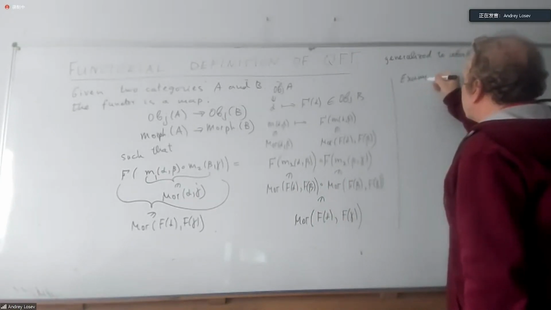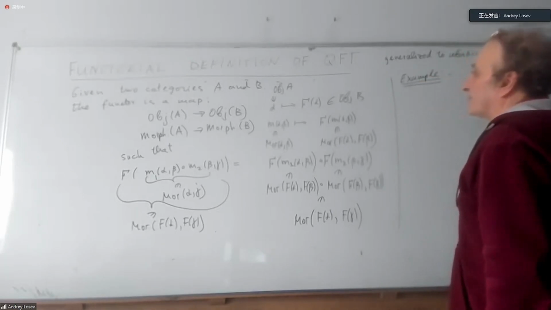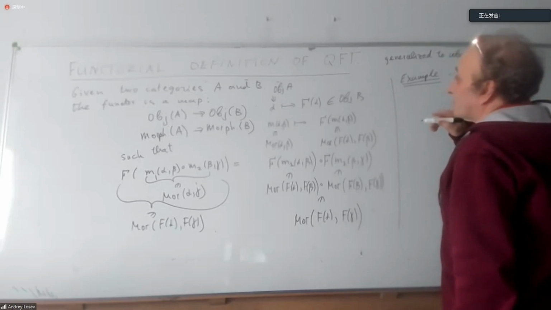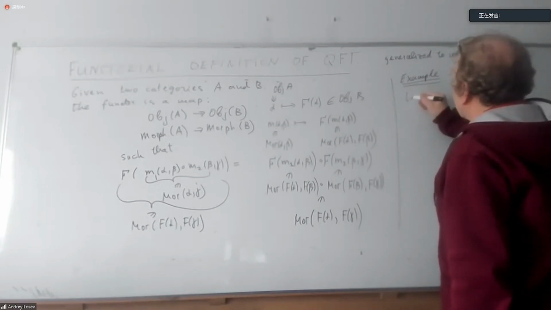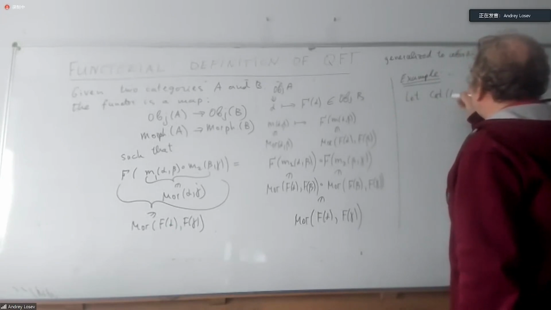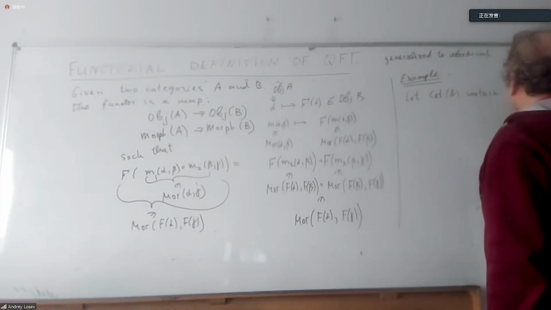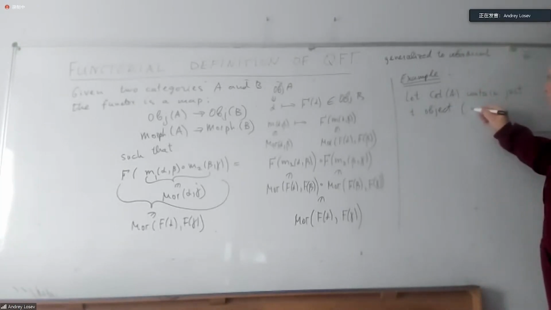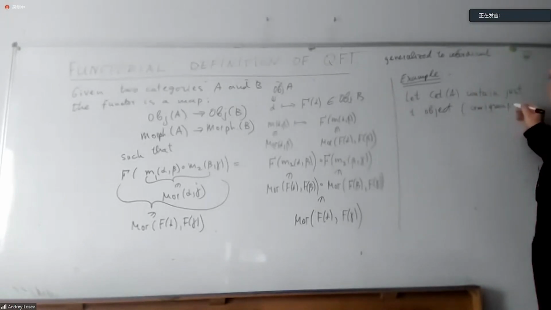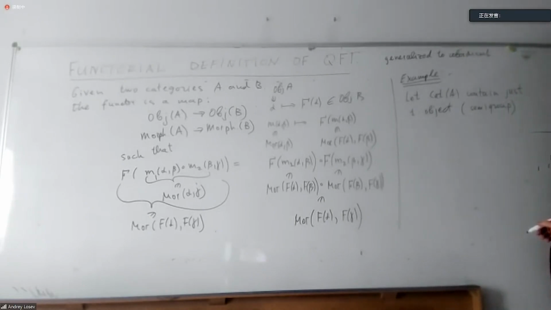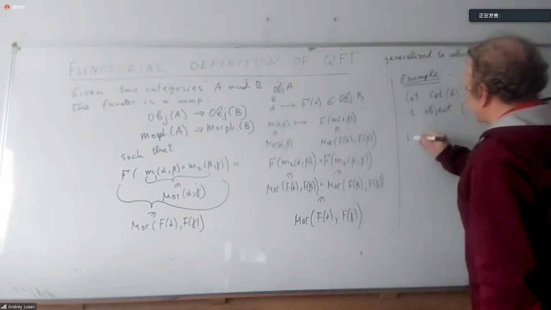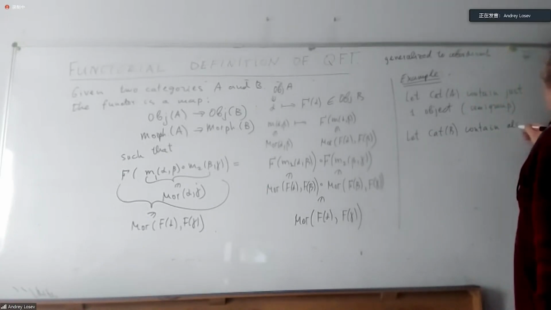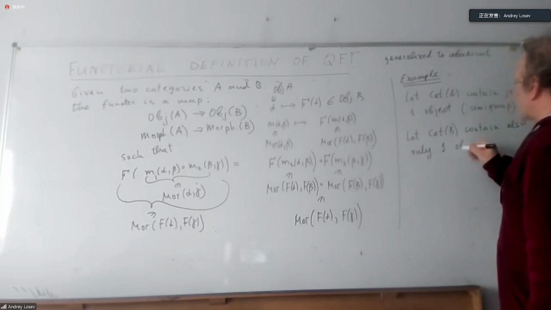Example. Let me consider the simplest example. Let category A contain just one object. Then it is a semigroup. Let category B contain also only one object.